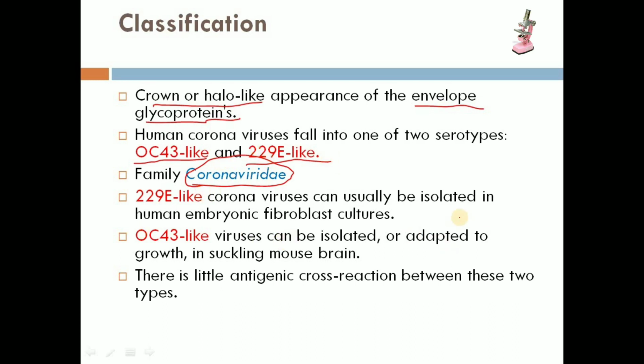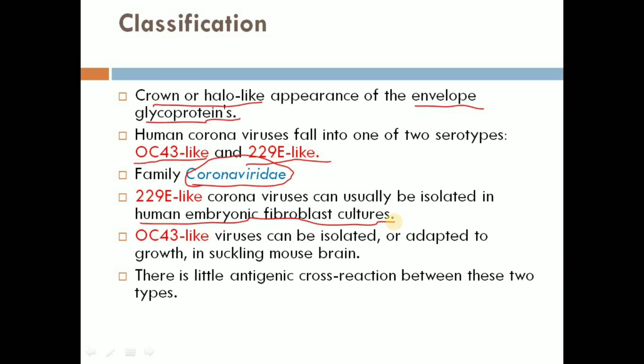The 229E-like coronavirus is usually isolated in human embryonic fibroblast cultures. This is a very important point, because this coronavirus is difficult to isolate and needs special cells and cultures.